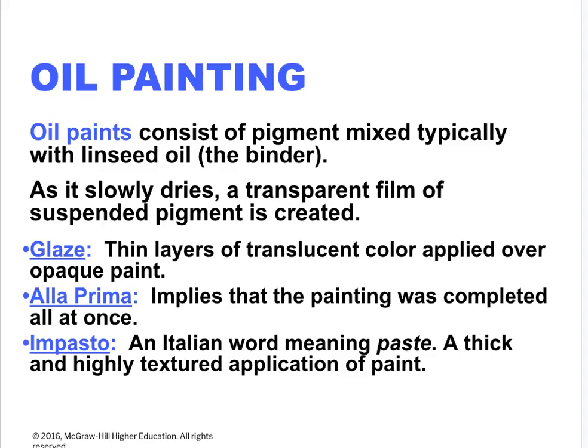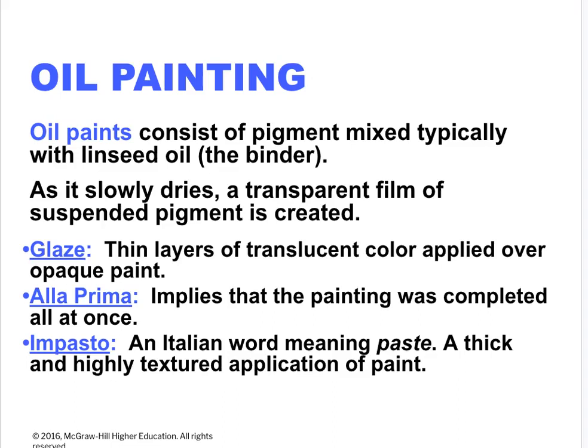There's a lot of good things that artists like about oil painting. One of them is that you can paint with a glaze. Glazes are thin layers of translucent, meaning you can see through them in some way, pretty clear with a little bit of color added, applied over opaque paint. So you can paint layers that are opaque, meaning you can't see through them, just really solid. But then you can put layers of translucent color on top of that.